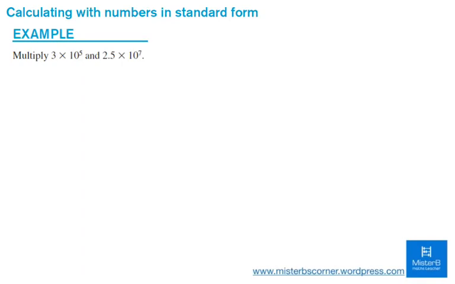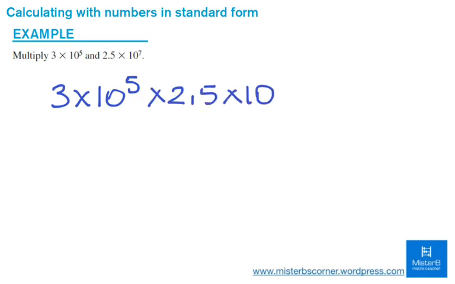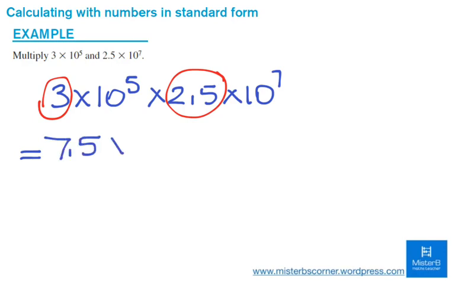When it comes to multiplication, you don't need to make the powers of 10 the same. You just write down the numbers. You just consider the numbers and powers of 10 separately. You multiply 3 and 2.5, which would be 7.5, and then you multiply 10 to the power of 5 and 10 to the power of 7.